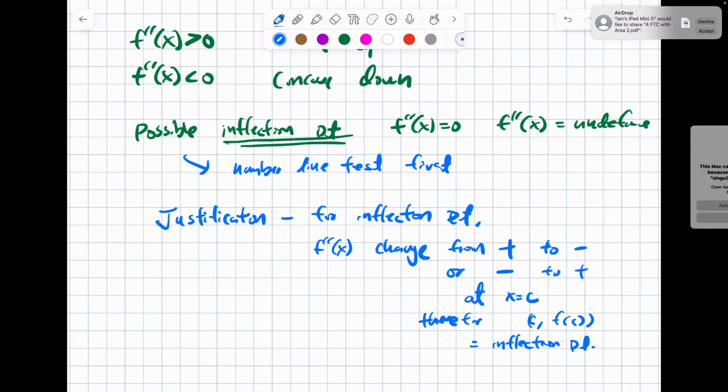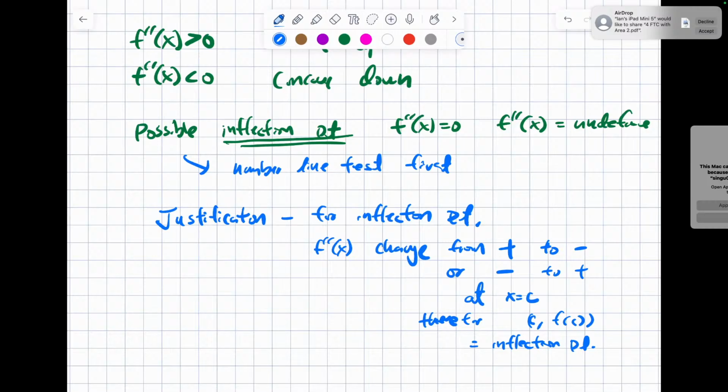Just like maximum. For a maximum, you're going to say f prime of x changes from positive to negative at c. Therefore, c comma f of c is a relative maximum. Now, if I ask you to justify absolute maximum, what do you have to do? You have to do a table.